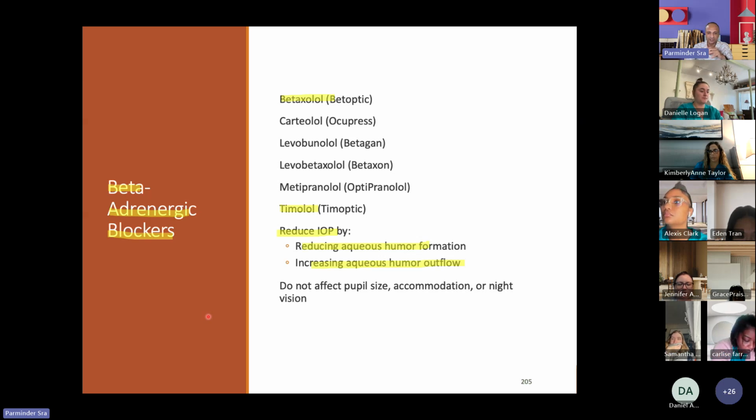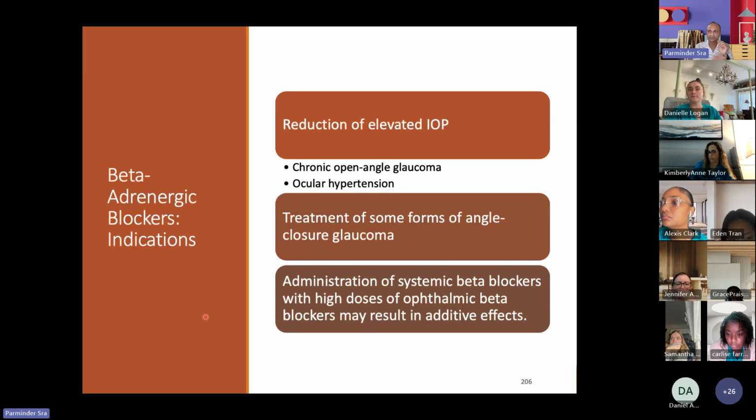Especially in these kinds of situations, you always recommend them to apply pressure here. So the result will be decreased intraocular pressure for glaucoma patients, and they're used in open angle, very commonly long term.